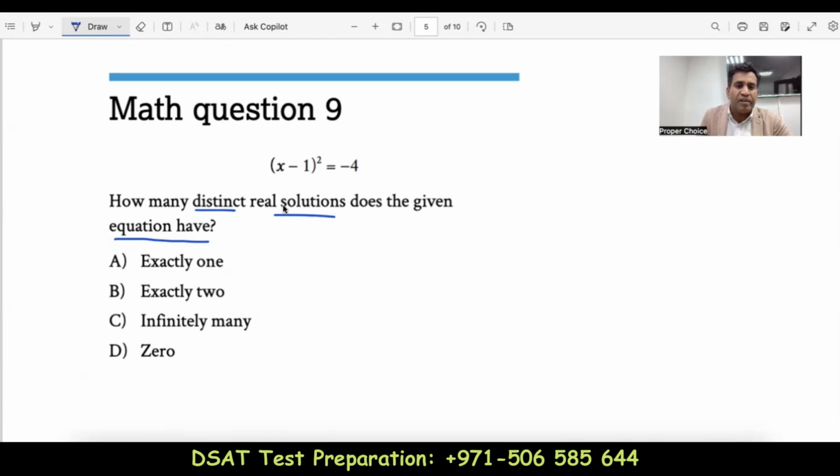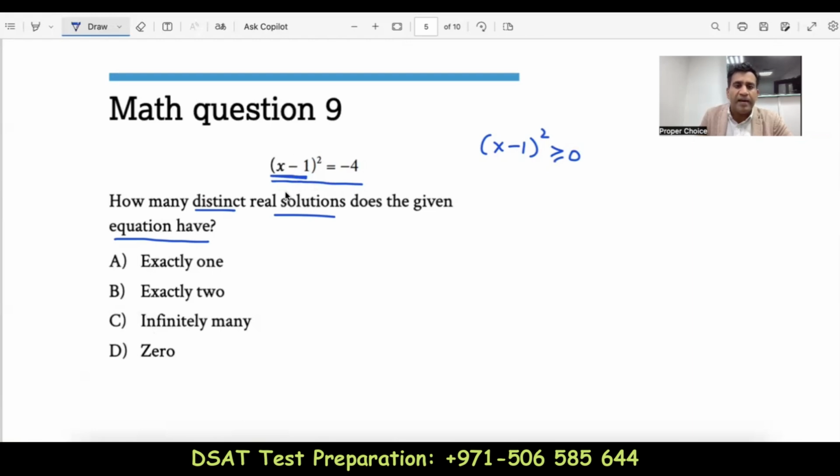Now, if you look at the given equation carefully, and the given options carefully, what I can observe here is (x minus 1) squared, regardless of the value of x, whether it is 0, plus 1, minus 1, whatever, the minimum value this term can have is 0. (x minus 1) squared is greater than or equal to 0. It means the minimum value it can have is 0 or higher. Why so?